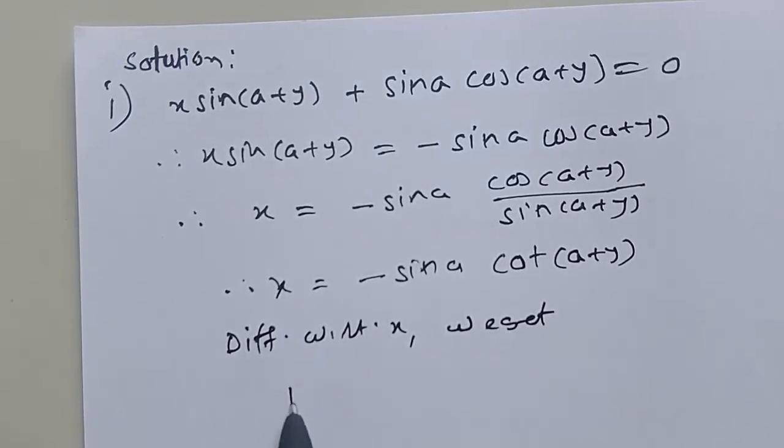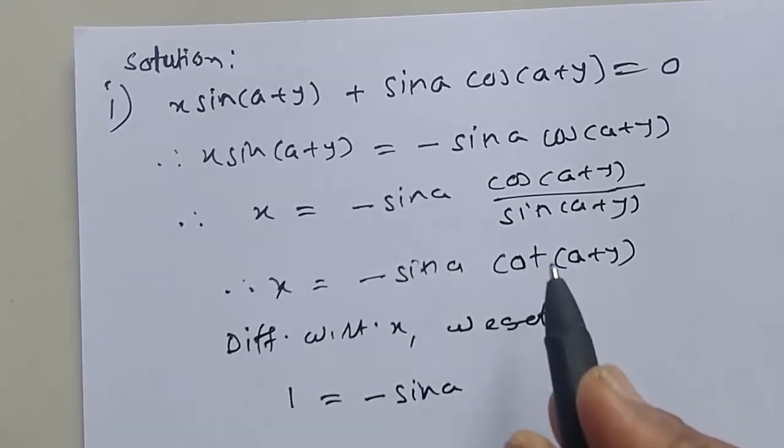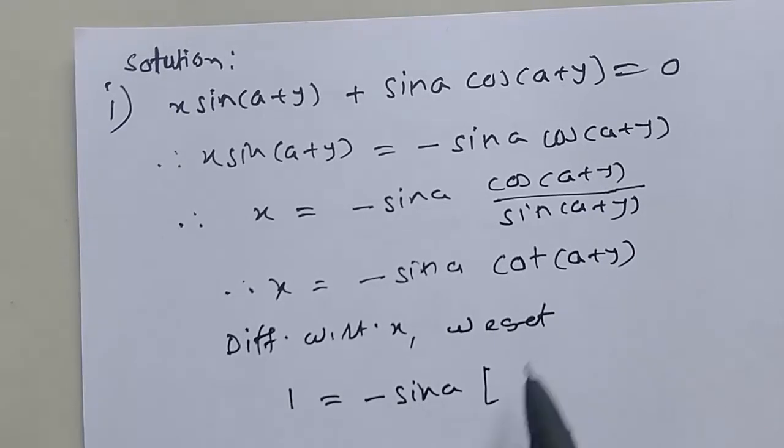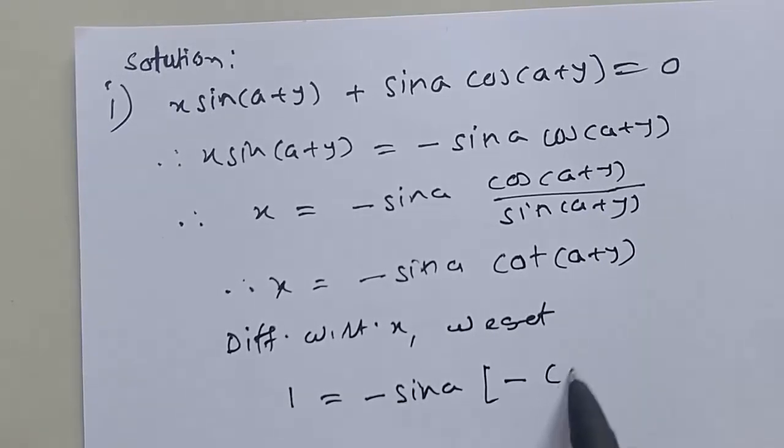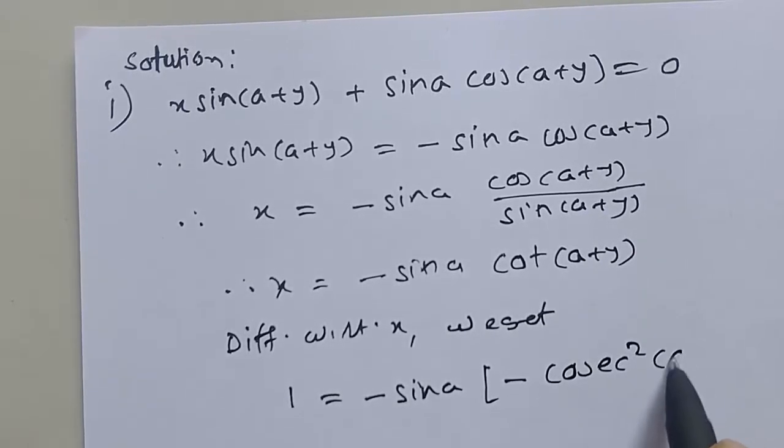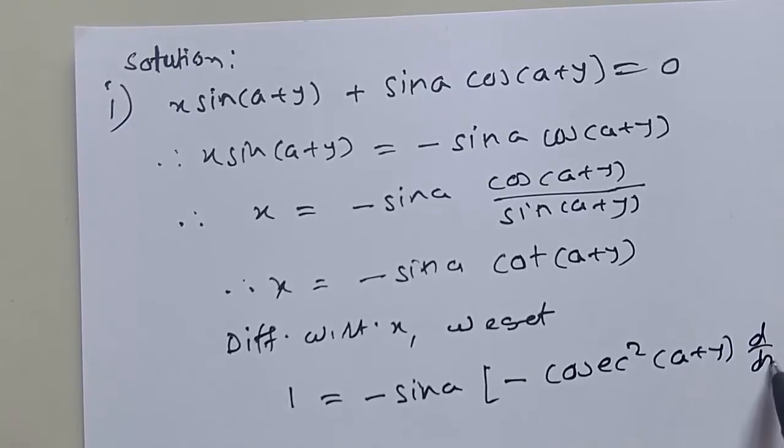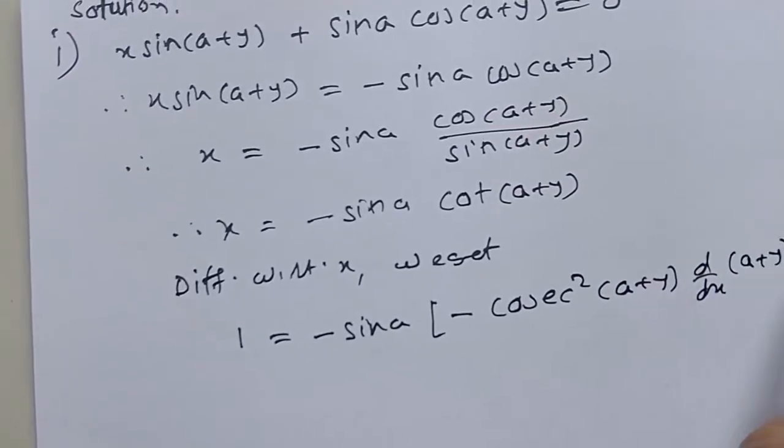the derivative of x is 1. a is a constant, so sin a comes out of the derivative. The derivative of cot is minus cosec²(a + y) into the derivative of the bracket (a + y), which is a function of x.